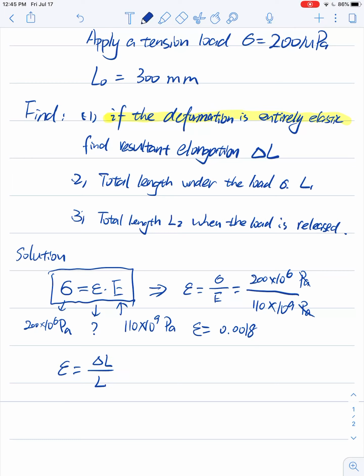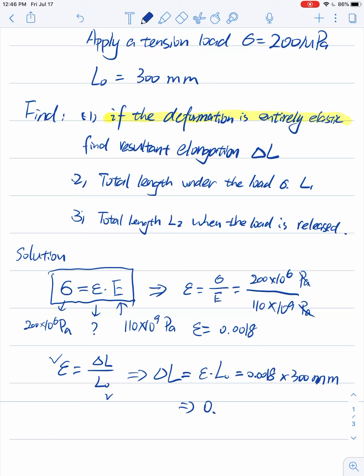Remember, what's the definition of strain? Strain equals delta L divided by the original length. Here, we do know the original length. We know the strain. Delta L is the only unknown, so we can solve for it. Delta L equals epsilon times L0. Here we have 0.0018 times the original length, which is 300 millimeters.